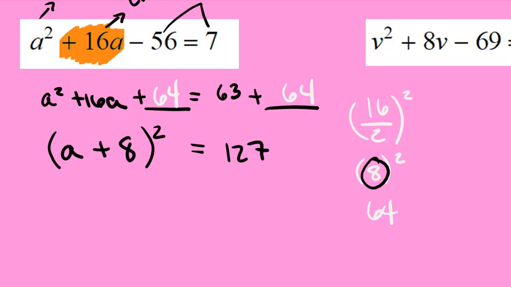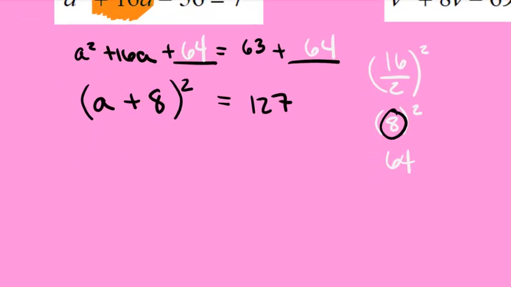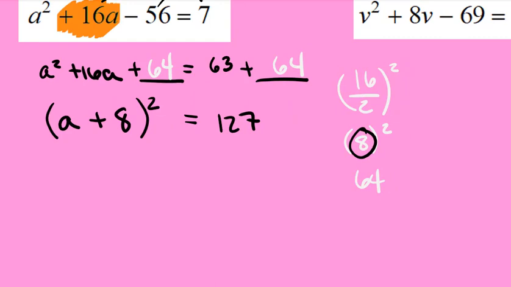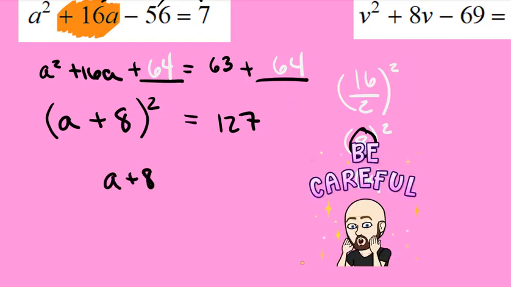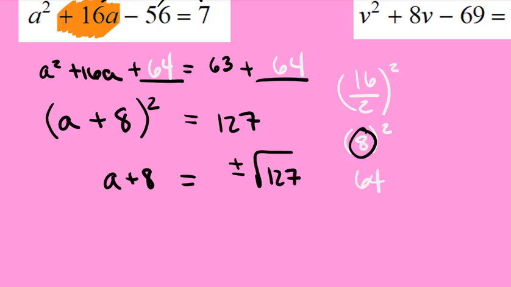So from here, once we get that set up, this is just like solving quadratics by taking square roots. So we'll square root both sides and get a plus 8 equals, now remember, plus or minus, don't forget the plus or minus, error alert, so be careful with that, the square root of 127. Notice how on the left side we didn't have to write a square root around it, so just put a plus 8 and you're good.